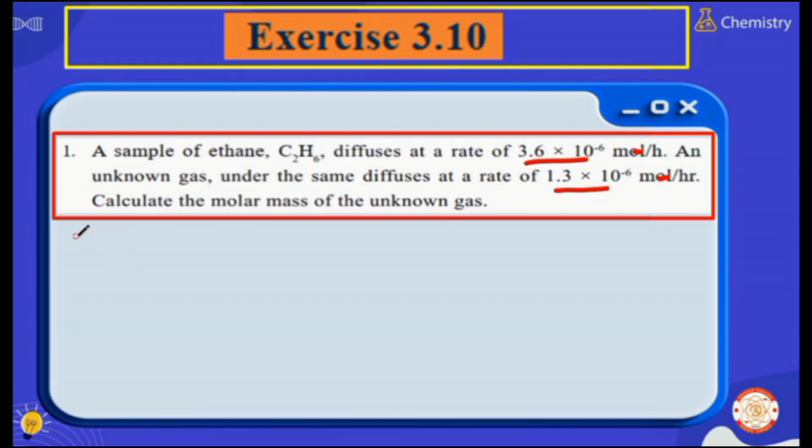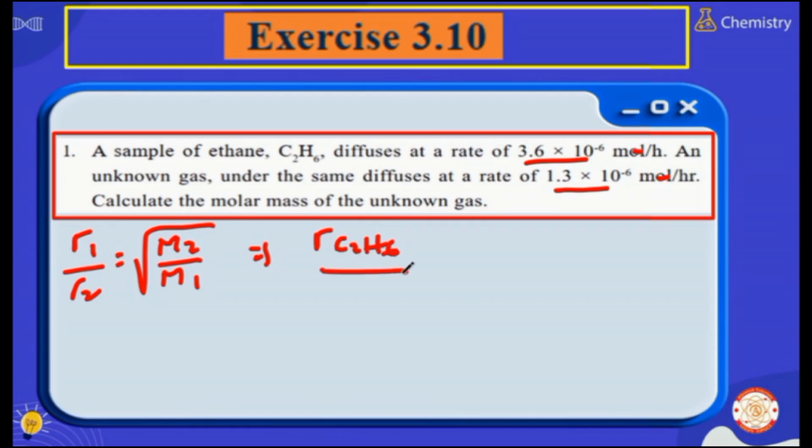So rate 1 over rate 2 is the same as square root of molar mass of 2 over molar mass of 1. So in this case, rate 1 be rate of ethane, and then it is equal to the square root of molar mass of the unknown gas over molar mass of ethane.